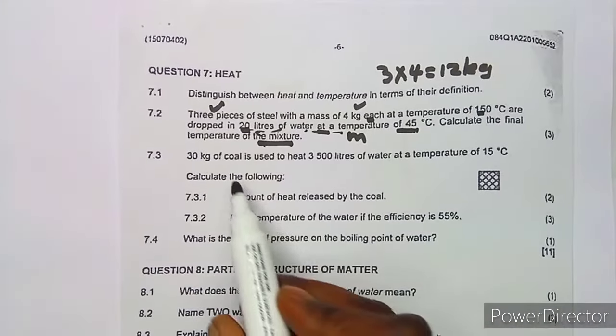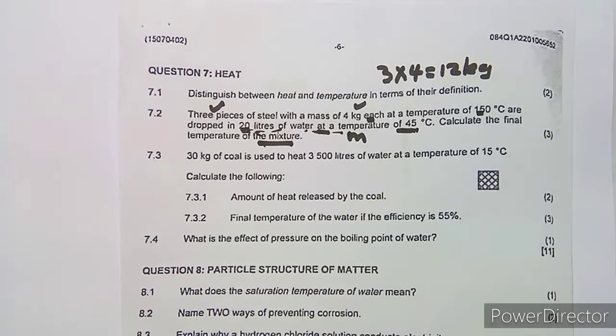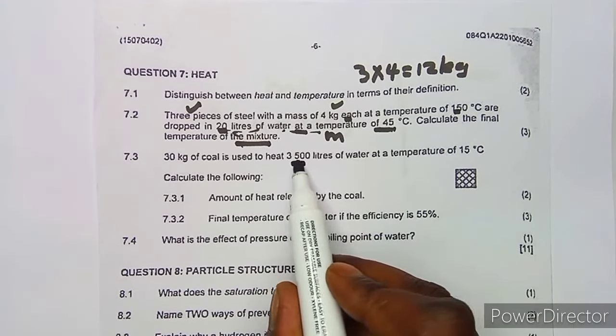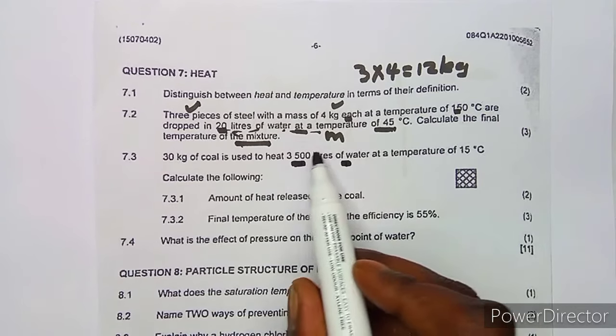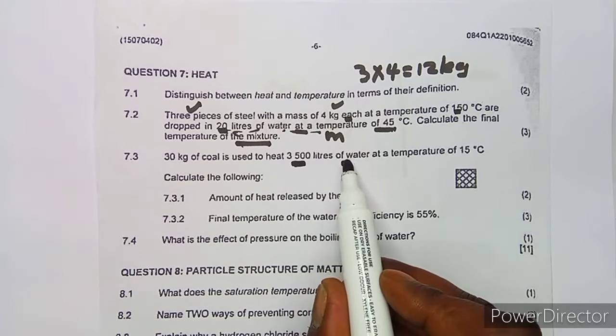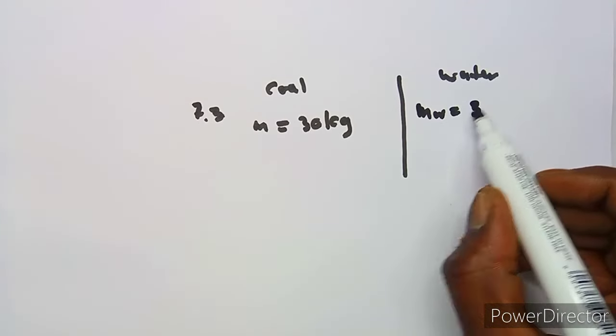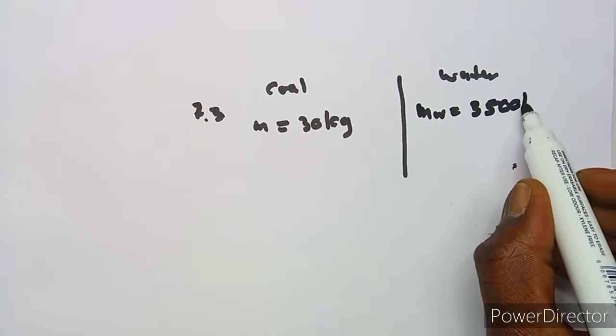So remember that when you're having coal, you're going to have also the heat value of coal. So it is used to heat 350 liters of water. So remember we said 1 liter is equal to 1 kg, so which means we've got the mass of water. So in this case, the mass of water is going to be 350 kgs.